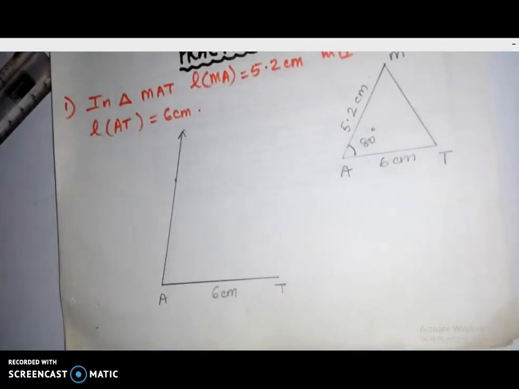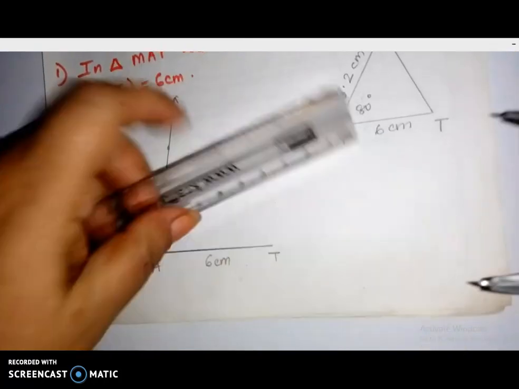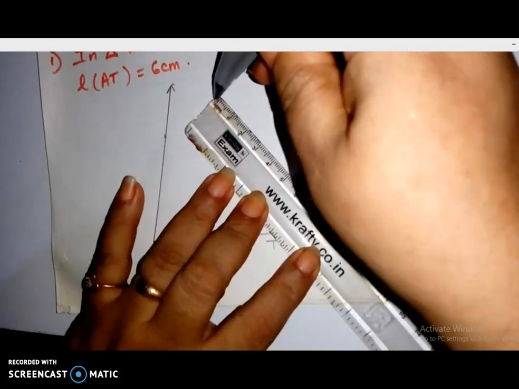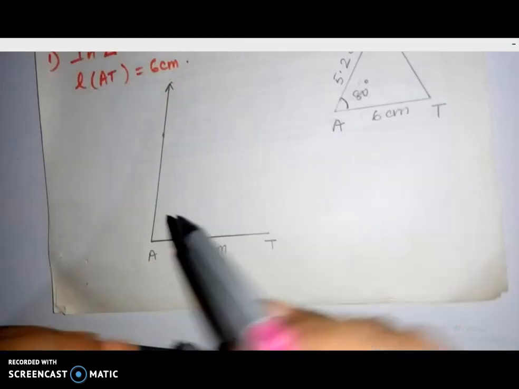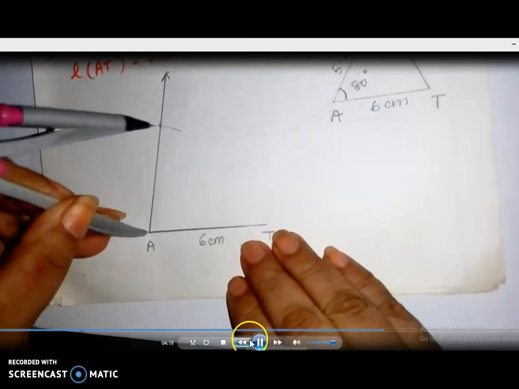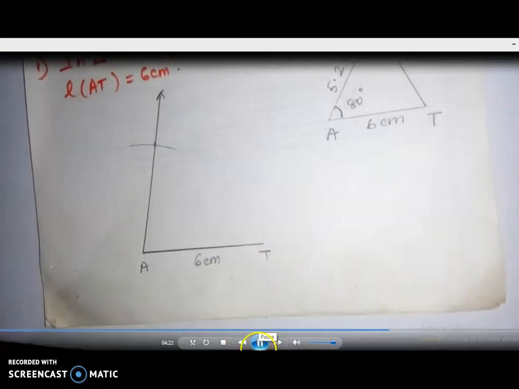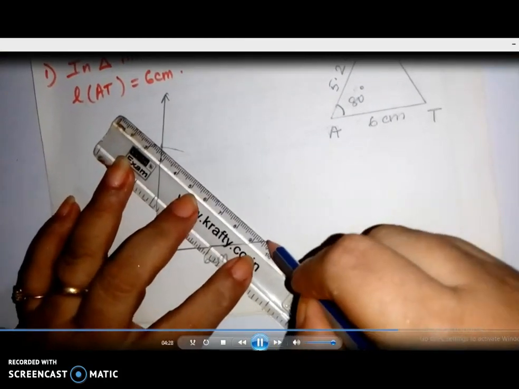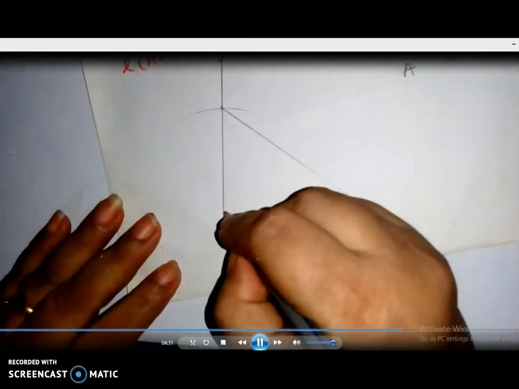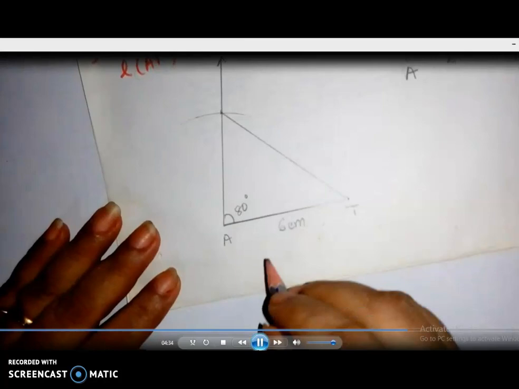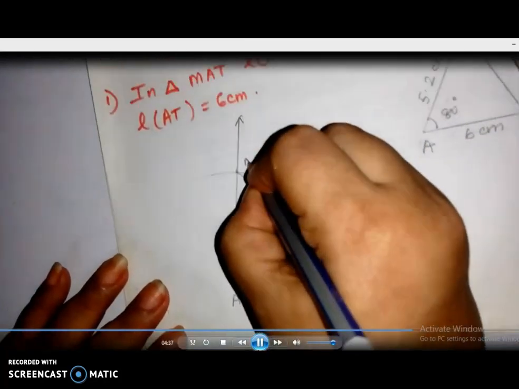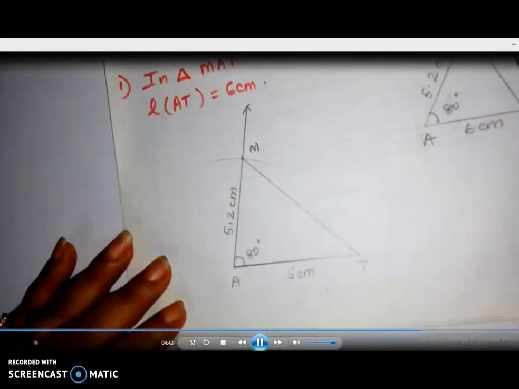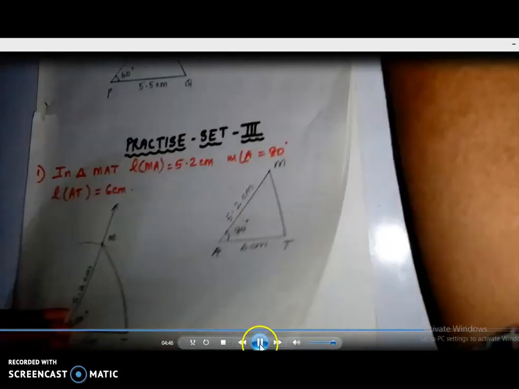And this side AM is 5.2 centimeter. So I'll place it here at A and we'll strike 5.2 centimeter, and now we will join this. So this is 80 degree, this is 6 centimeter, and here you have point M, and side AM is 5.2 centimeter. So that completes the first sum of this exercise.